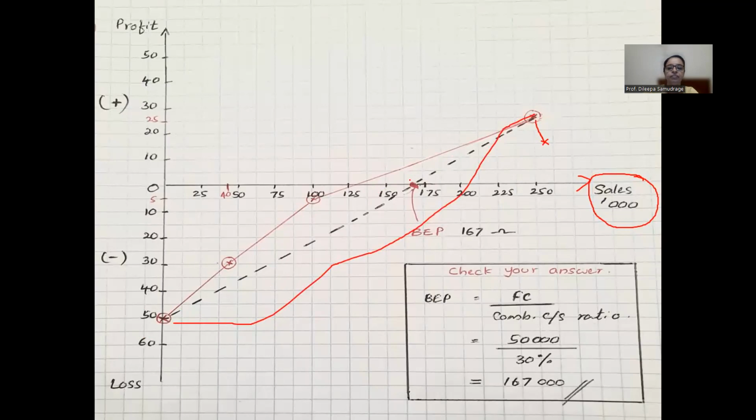To decide the combined break-even point, you have to mark the minimum point and the last point, no? Then you will get the same point, like this. When you prepare it the other way, I can't exactly draw it, so using a ruler, you can draw. You will get a graph the other way, but the combined break-even point is the same, right? Clear? Got my point?